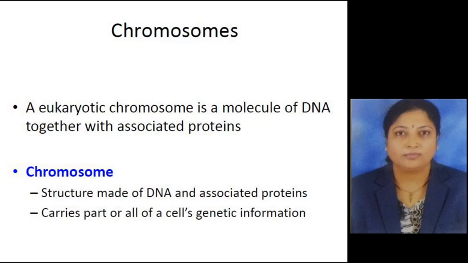In the human genome, there are 23 pairs of chromosomes, including the X and Y that determine sex. Females have a pair of X chromosomes, that is 46XX, while males have one X and one Y chromosome, that is 46XY.